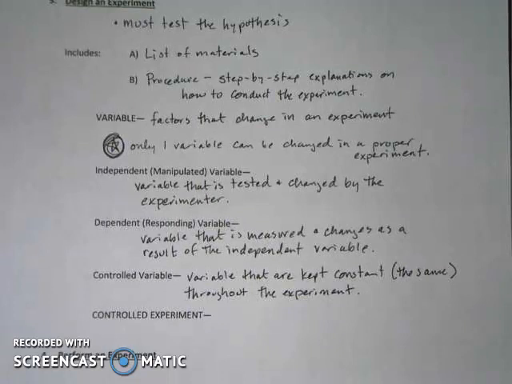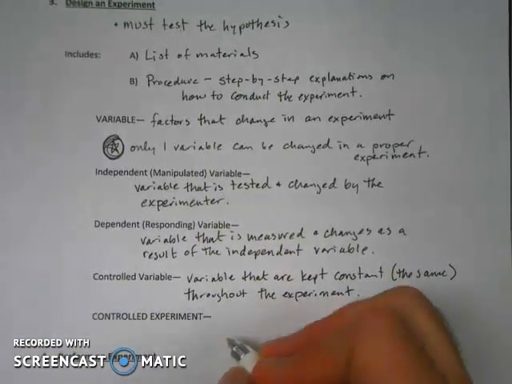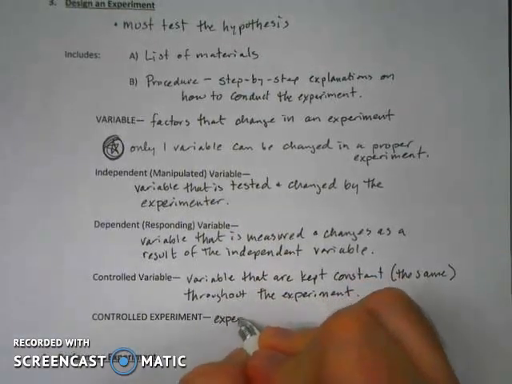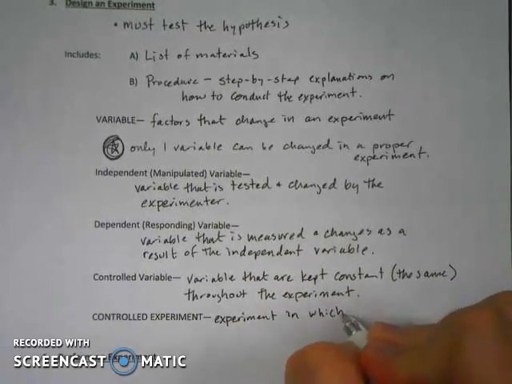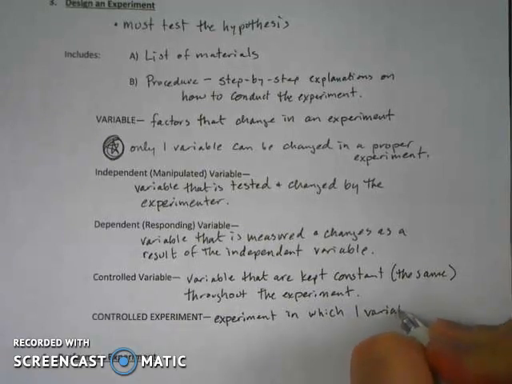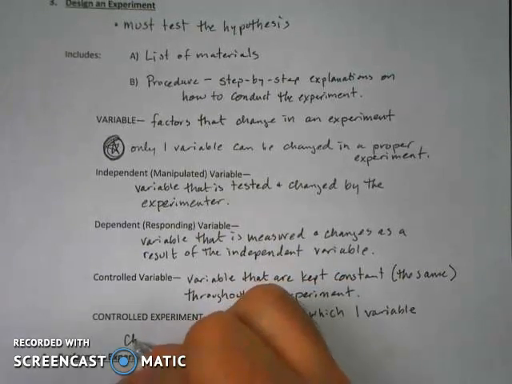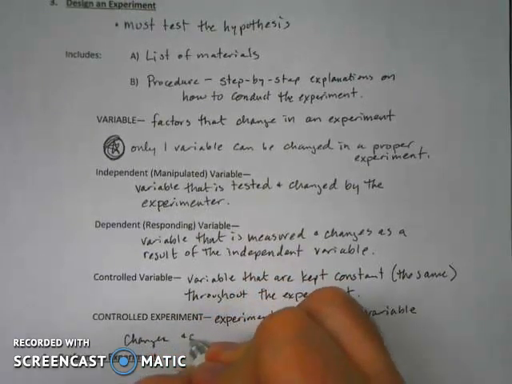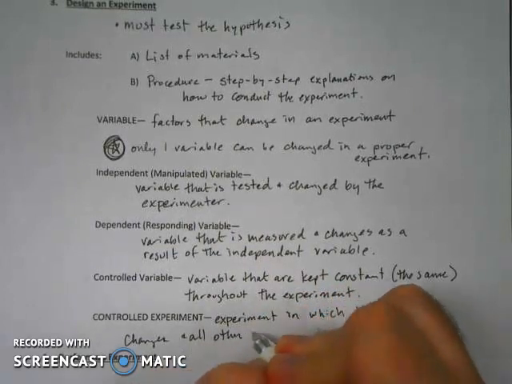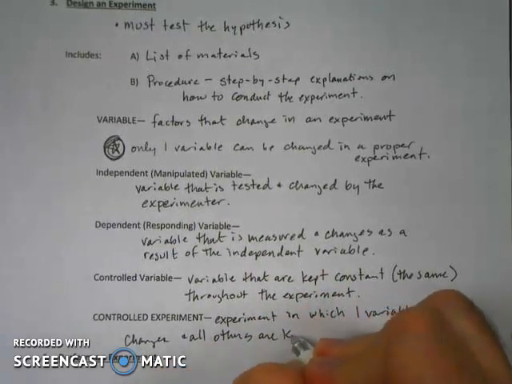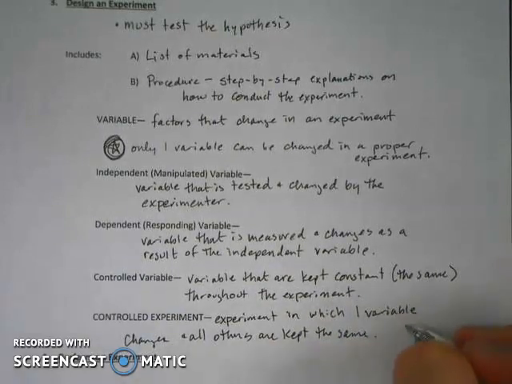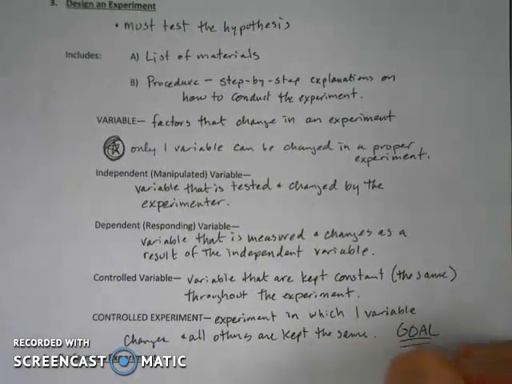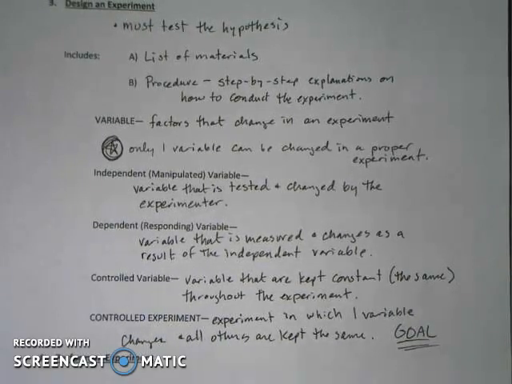So if I was doing a controlled experiment, this is an experiment in which one variable changes and all others are kept the same. This is the goal of any experiment, is to be controlled.